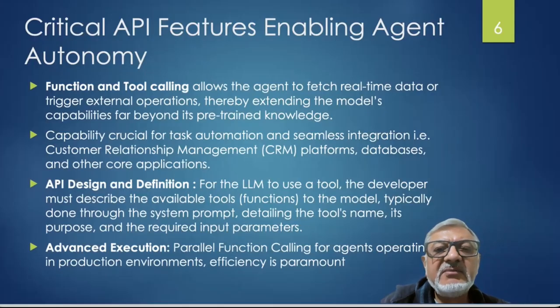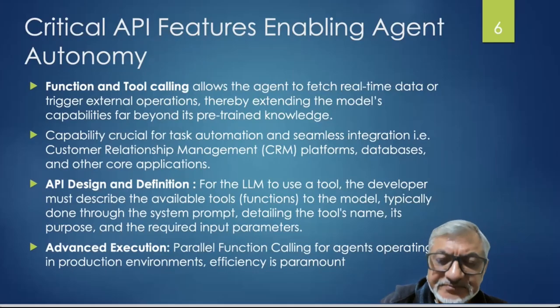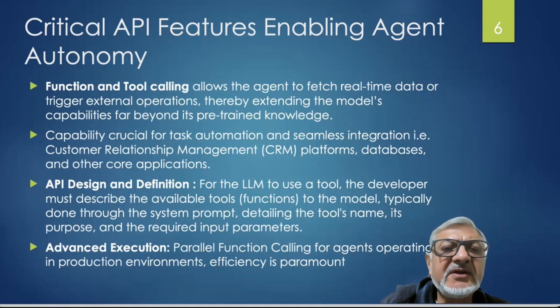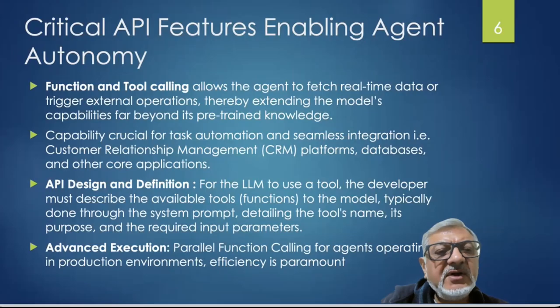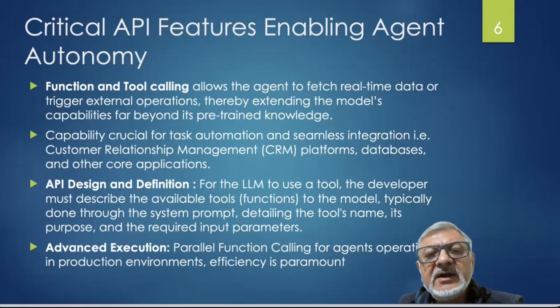Customer relationship management platforms, databases and other core applications have to interact with each other so as to provide the CRM function for an enterprise. For API design and definition for an LLM to use a tool, the developer has to describe the available tool functions to the model. So the model is trained to follow the API capability.